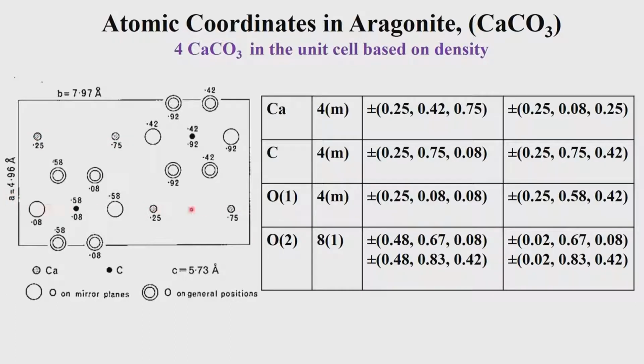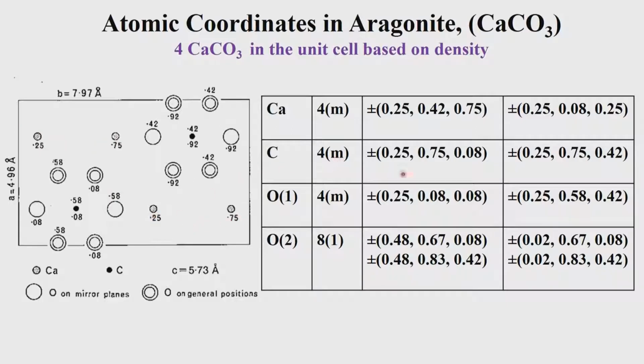This is now coming at the value minus 0.25, and this one is plus 0.25. Minus 0.25 will also be equal to 0.75 by translation. For example, if you take this atom at minus 0.25, you translate it by 1 unit and you get back to 0.75. So, therefore, we have 1, 2, 3, 4 calcium positions.